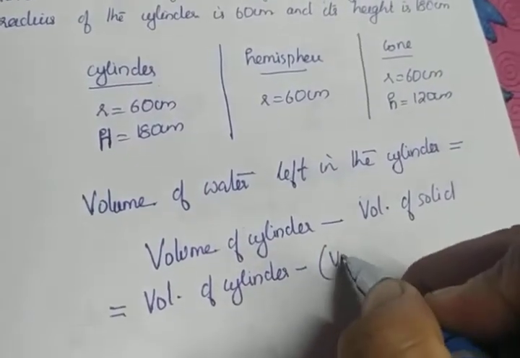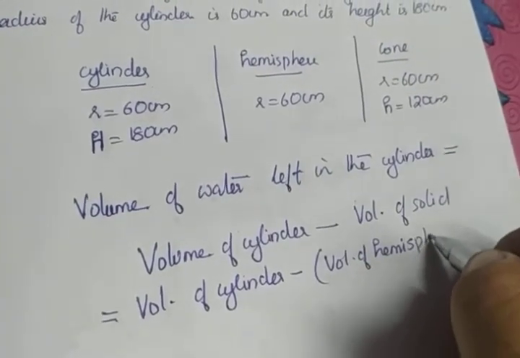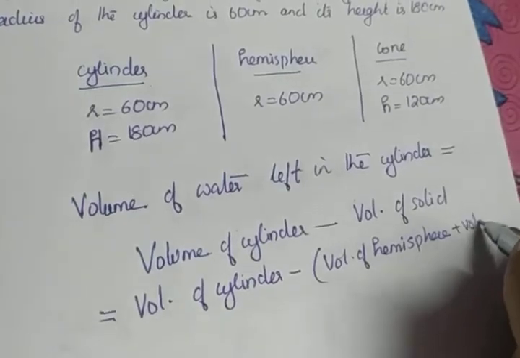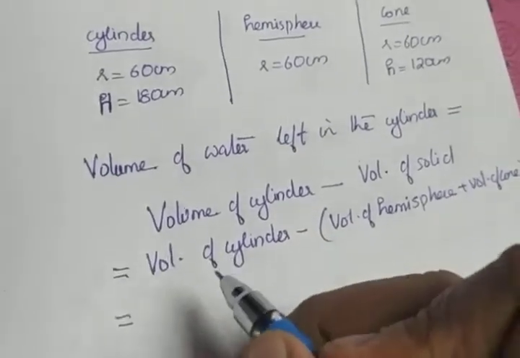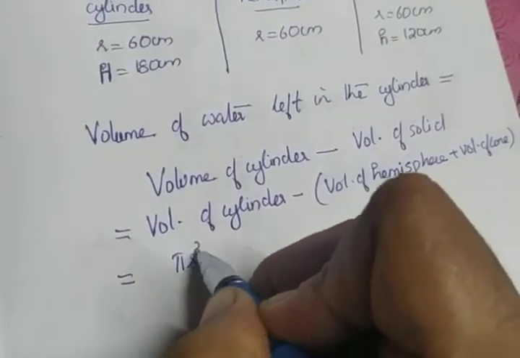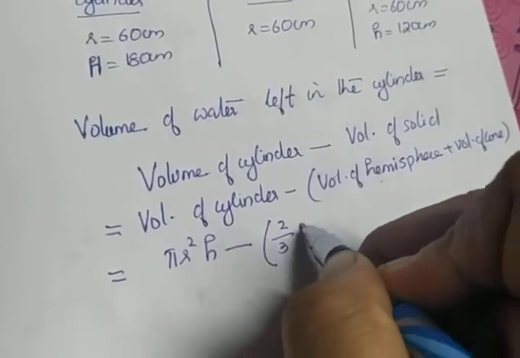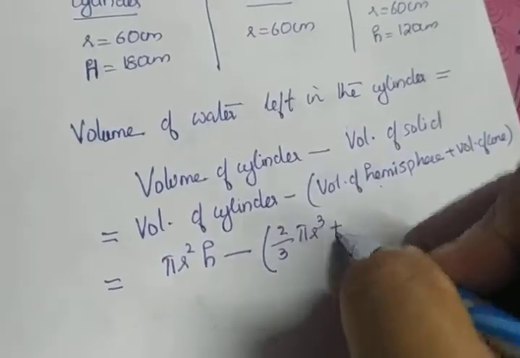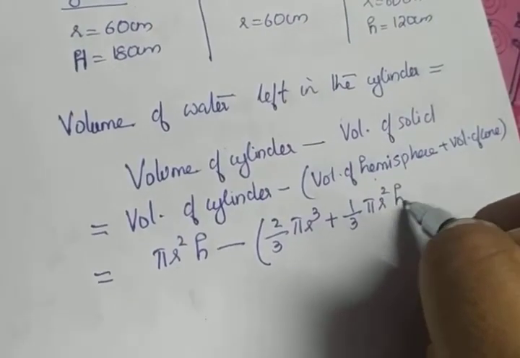Volume of hemisphere and volume of cone. Just apply the formula. Volume of cylinder, what's the formula? Pi r square H, minus volume of hemisphere, 2 by 3 pi r cube, plus volume of cone, 1 by 3 pi r square h.